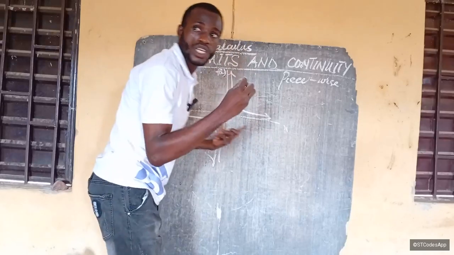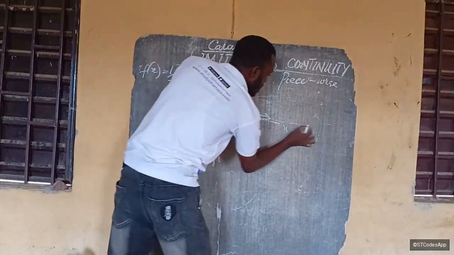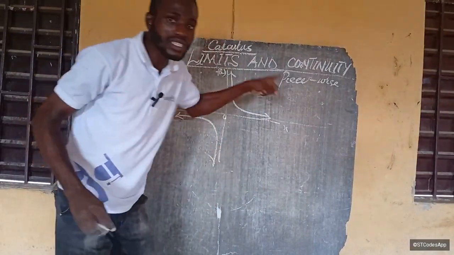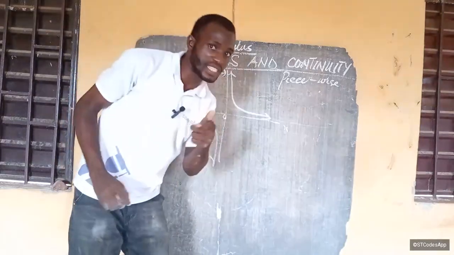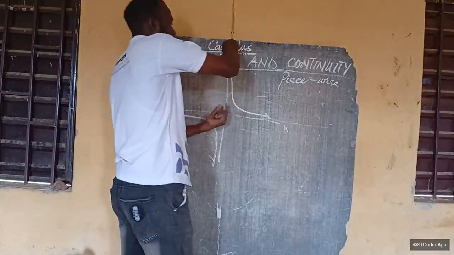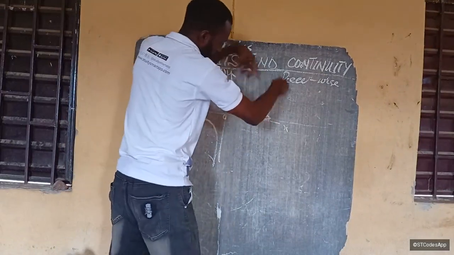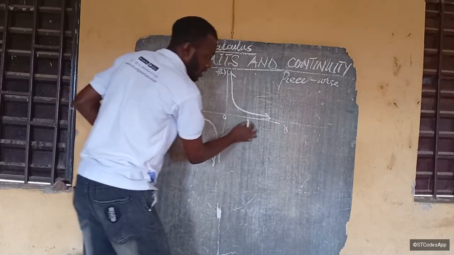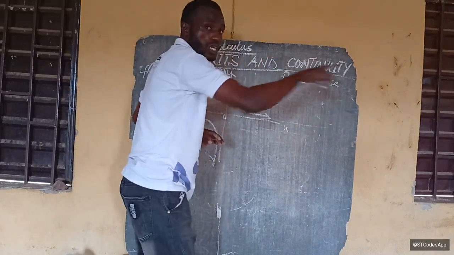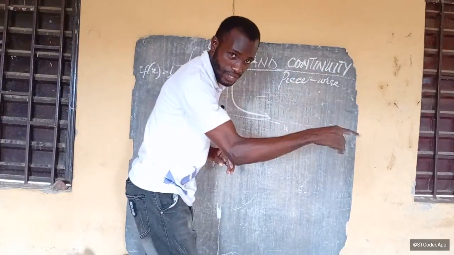The x value is going closer and closer to positive infinity, but never really touches infinity. As the y value reduces and gets closer and closer to 0, you're going to see that the x value keeps getting closer and closer to positive infinity.